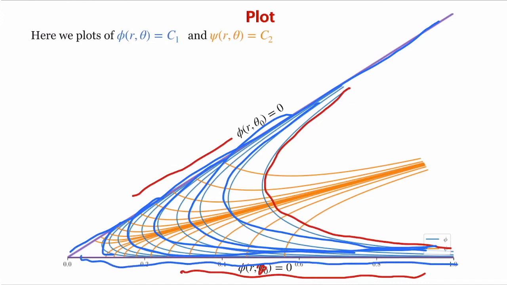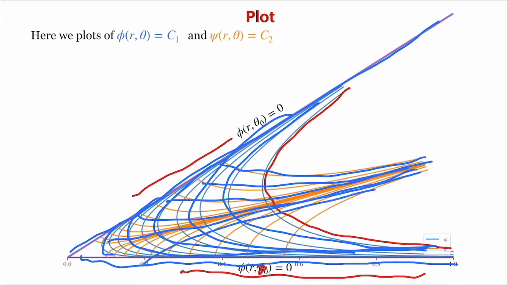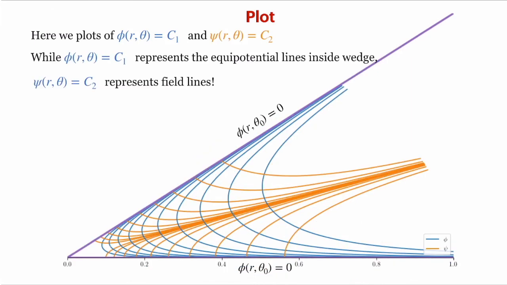On the other hand, we also plot psi of r, theta equal to constant, which are these orange curves. These orange curves represent the field lines of the electric field. You can see that they are orthogonal to the blue curves, which represent the equipotential surfaces.